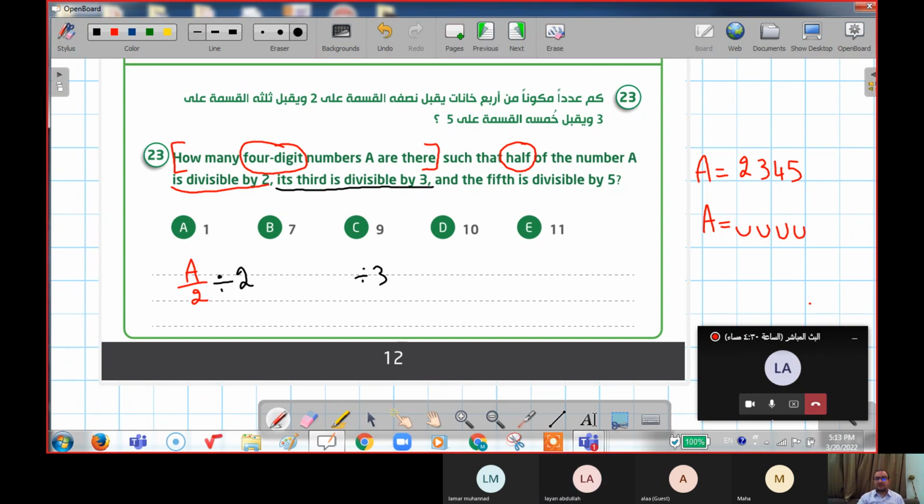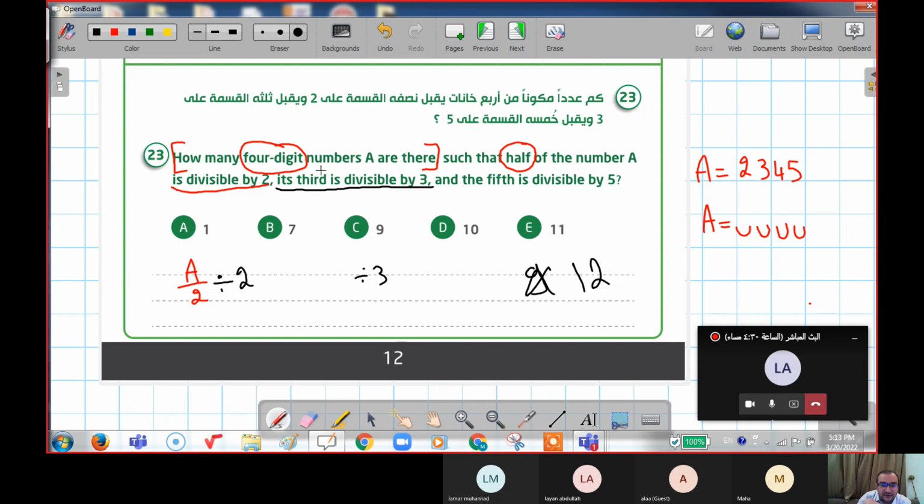If I have 9, what is the third of 9? You only have to divide by 3. If I give you 12 and ask what's the third of 12, you divide by 3. It's going to be 4. I don't care about the answer, I just care about the expression.